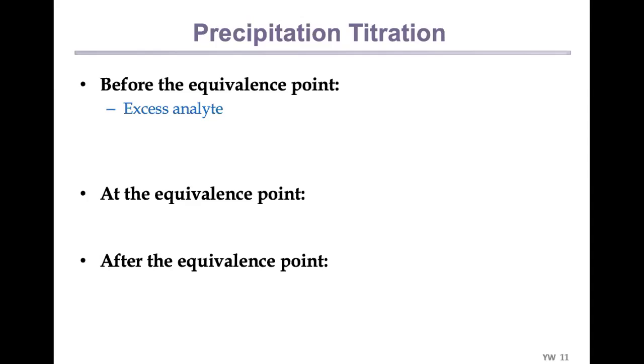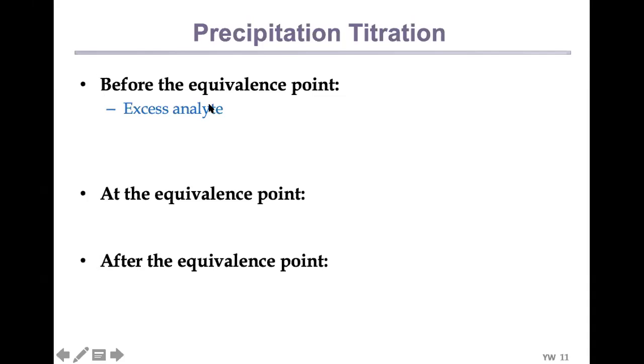And to be able to use that method, we have to understand how the concentration of the titrant is related to the process of the precipitation, okay? So that is converted to a question: how do you calculate the concentration of your titrant? In our example, it is the silver ion.